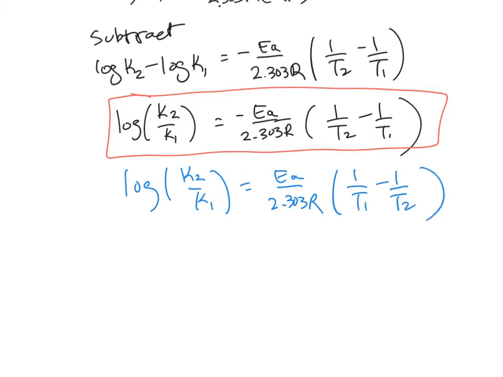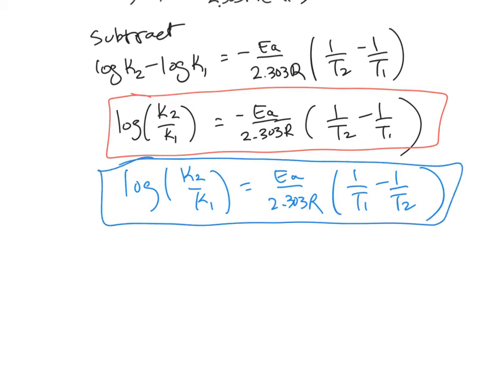So in other words, we have the negative of this term in parentheses. So that's the negative of that. And then you'd have the negative of that. Or else you could just say you factor this negative sign into this, and then it'll flip it as 1 over T1 minus 1 over T2. All right, so that's another form.